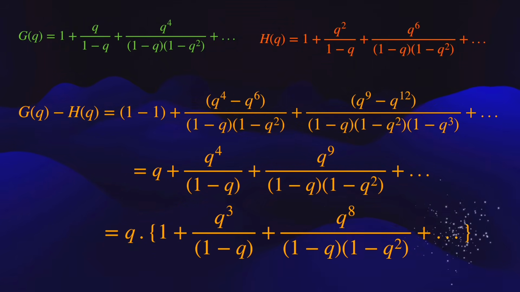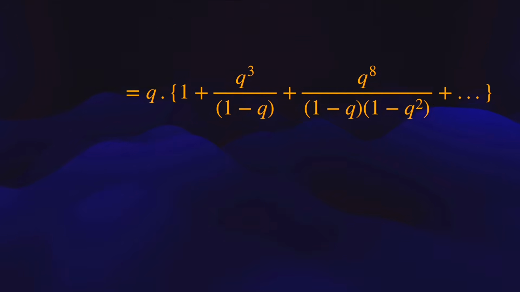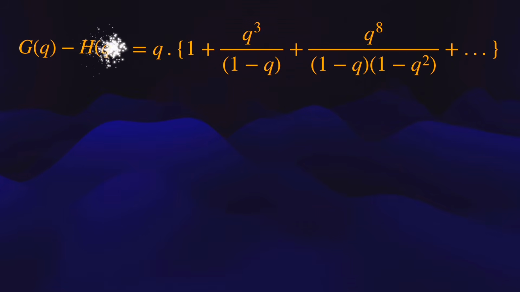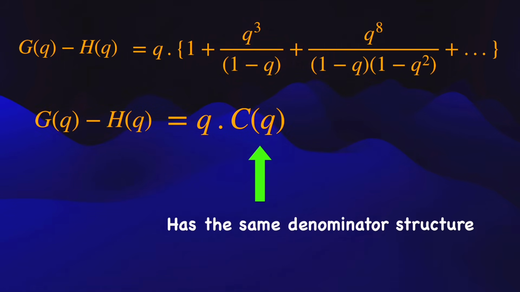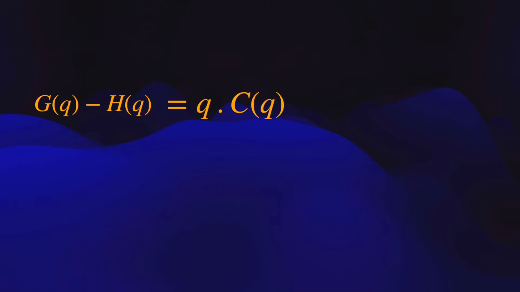Ramanujan saw this as a repetitive pattern, a recursiveness that is occurring, which reminded him of the continued fractions he studied in his text as a younger boy. And so he began to take this difference and factored out the leading term and noticed that the series that resulted also had the same denominator structure.